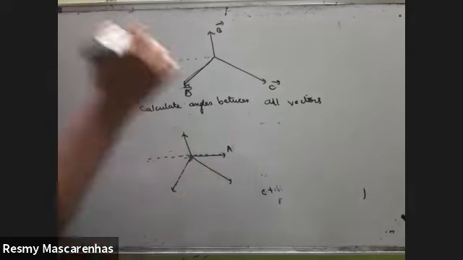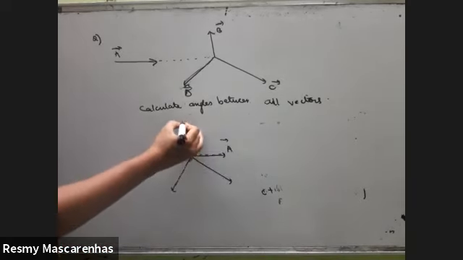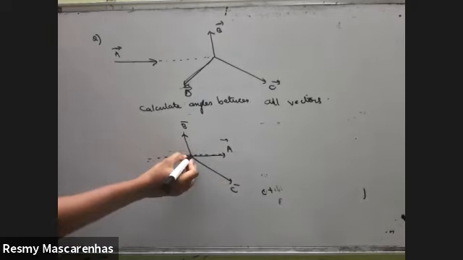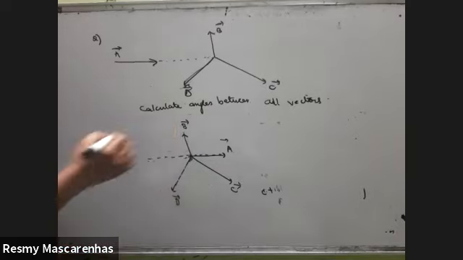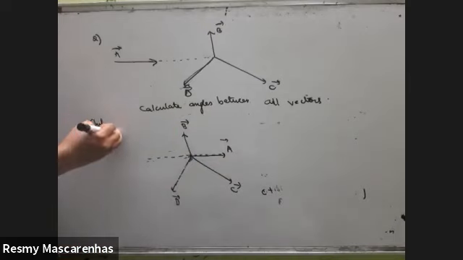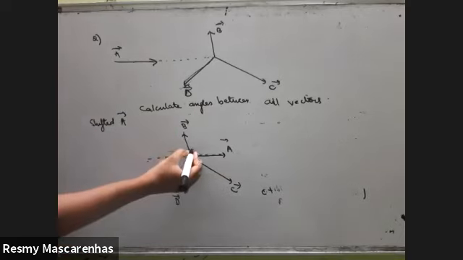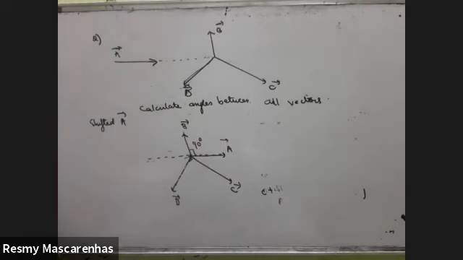So this is A. I have not done anything. I just shifted it there so that all the tails are coming together. I've shifted. Now looking at this only, you know, this is how much? 90 degree. B is a perpendicular line.